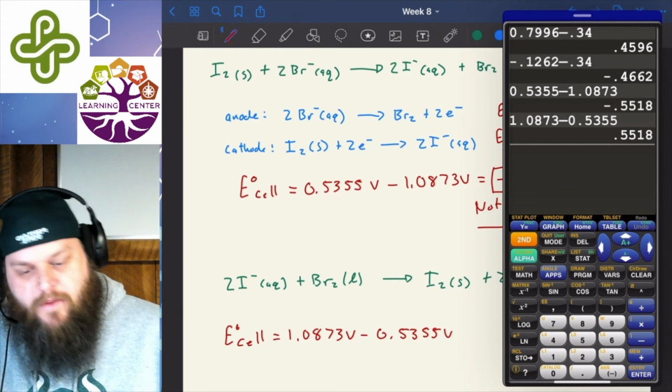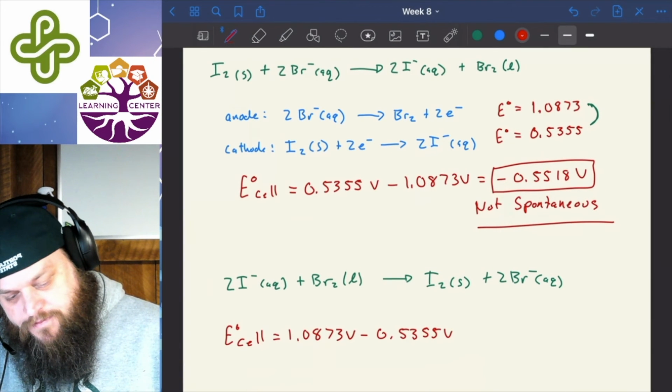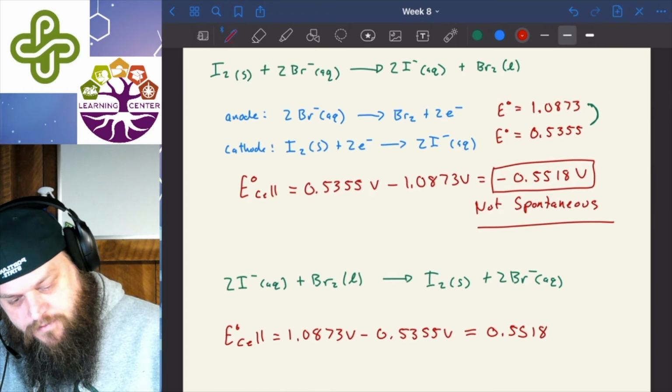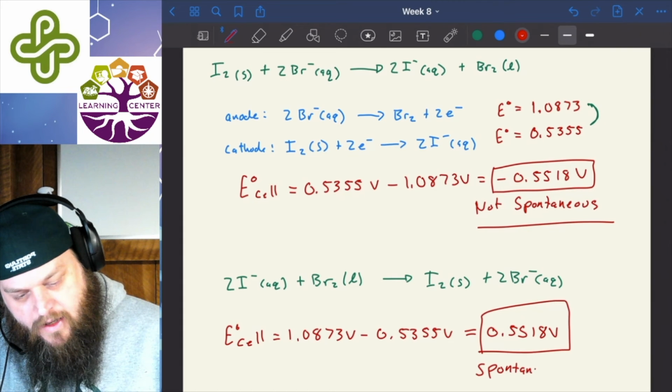There it is, or the positive of that value, I guess. So that would be a spontaneous reaction.